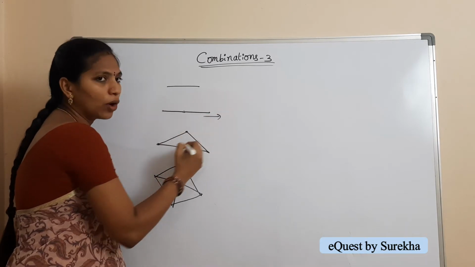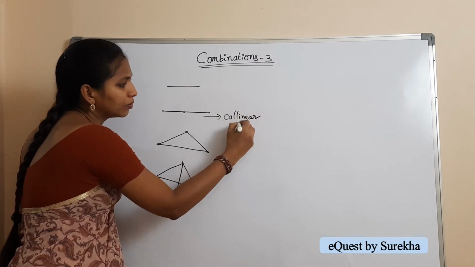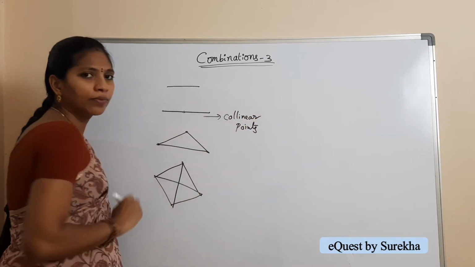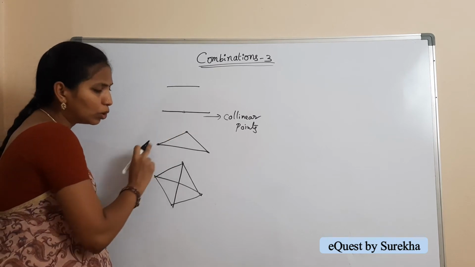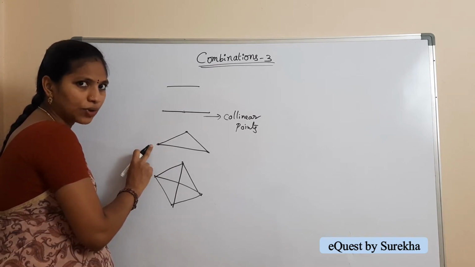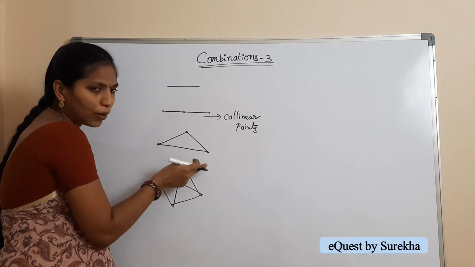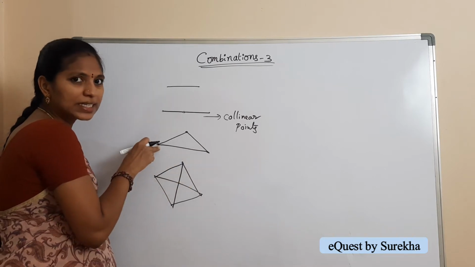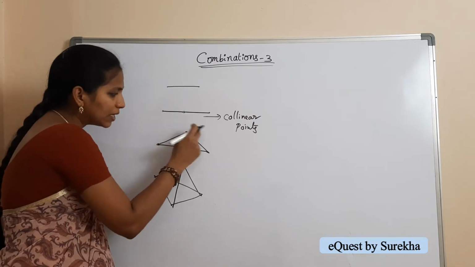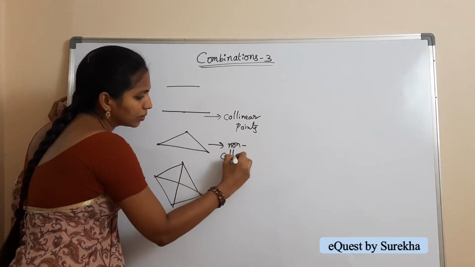Then these 3 points are collinear points. Here see, 2 points in a single straight line and another 2 points in another straight line. Another 2 points in another straight line. Not 3 points present in a single straight line.